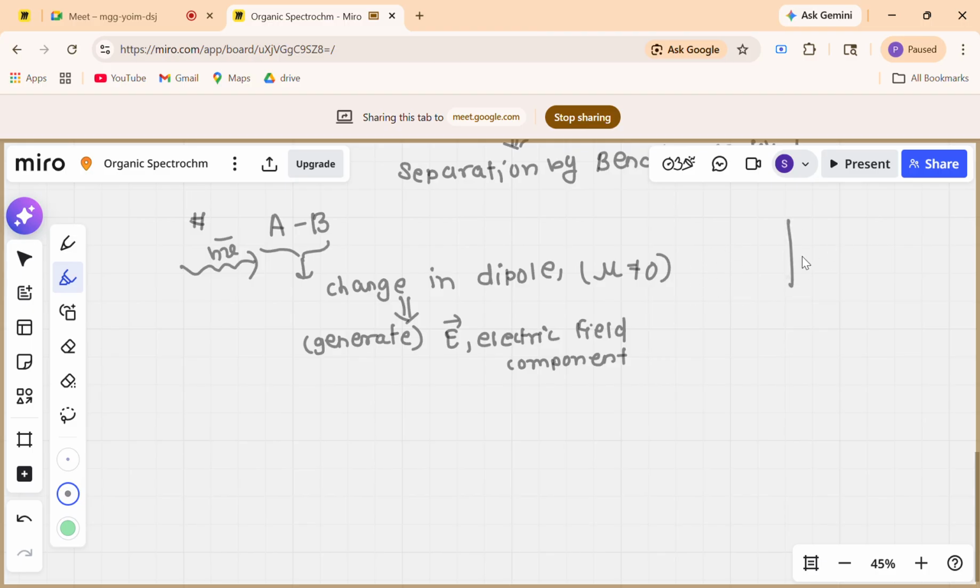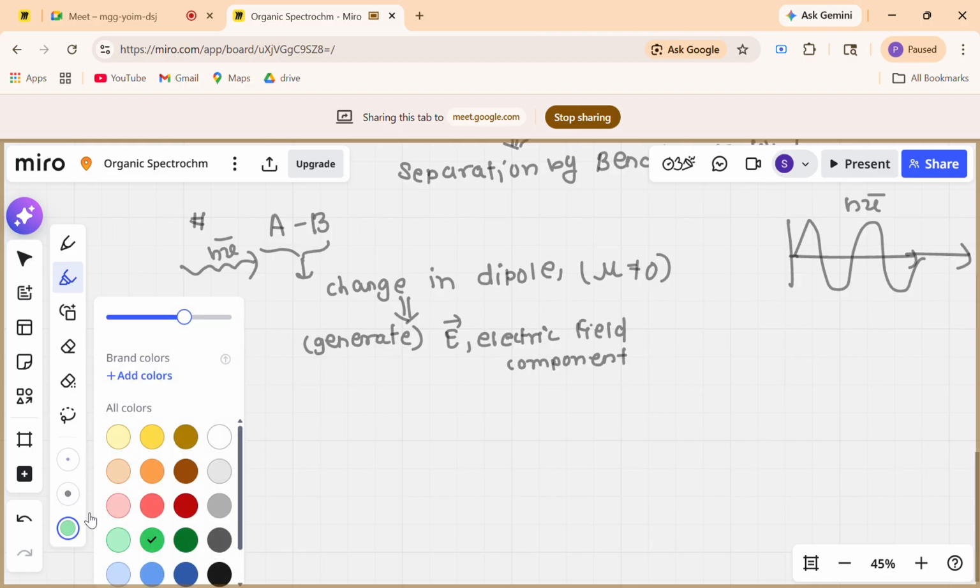And whatever IR you are using, as you know that when we are talking about the IR or a particular wave having the frequency h nu, it has two components in it, right?